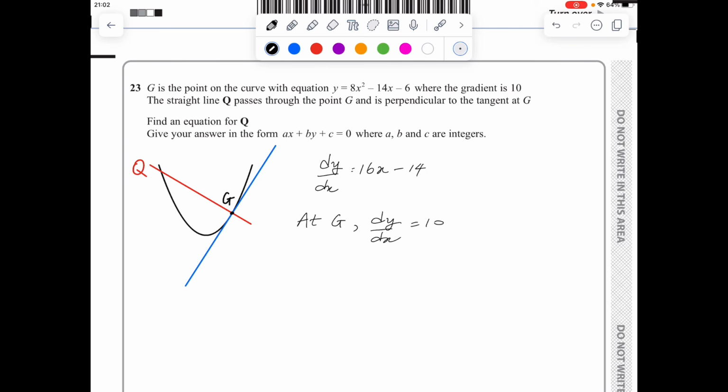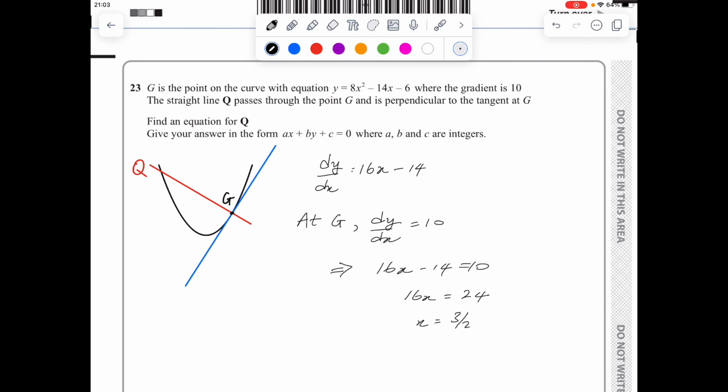I'm told that in the question, which implies that 16x minus 14 is equal to 10 for some value of x. 16x equals 24, so x is equal to 3/2.